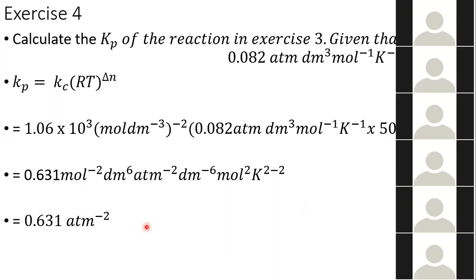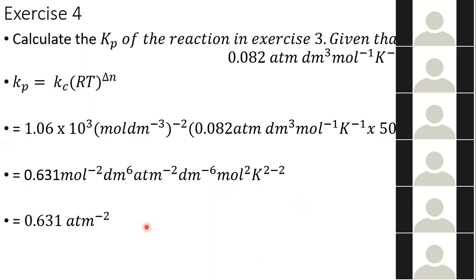So with the units, you realize that atmospheres will be raised to the -2, and then your decimeter cube will be raised to the -6. That is for this one.